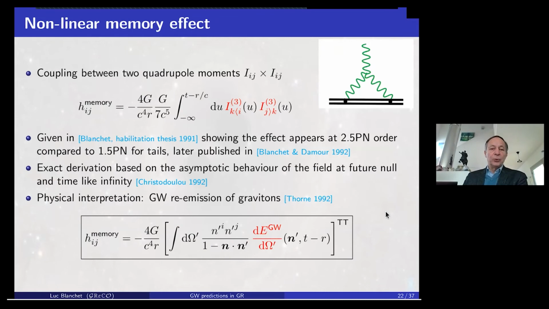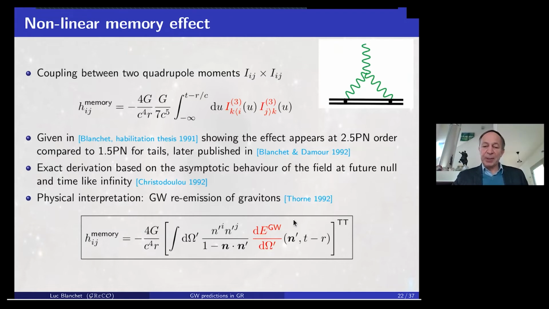There is also the nonlinear memory effect, which is described by this diagram. So these are interactions between two quadrupole moments which produce an extra contribution in the field. And this effect can be computed using the traditional PN method or using an exact derivation based on the asymptotic behavior of the field at future null infinity.